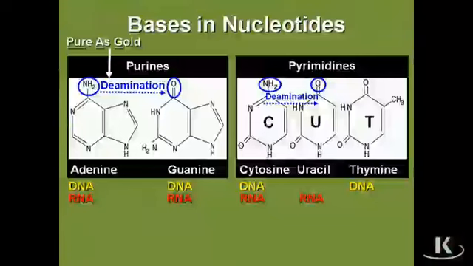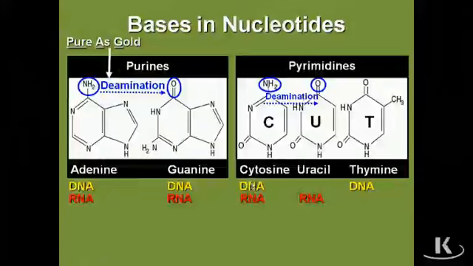Notice the parallels here, the deamination of adenine to make the other purine guanine, and the deamination of cytosine now to make the other pyrimidine, which is uracil. Does this happen in the cell? Well, not typically. Unfortunately, sometimes spontaneously, you can get cytosine deamination. And that's actually a mutation that has to be corrected prior to DNA replication.